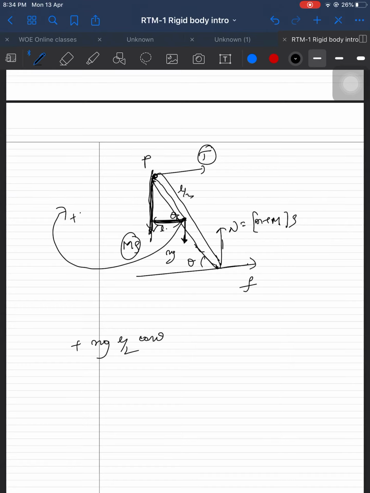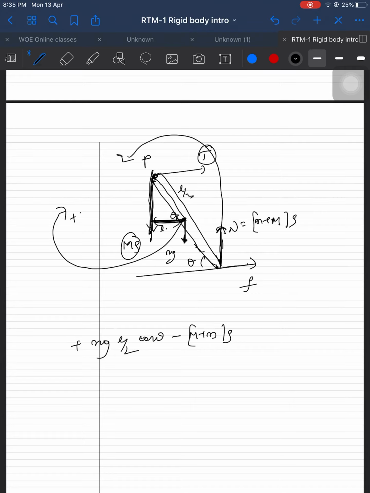And due to normal, in the upward direction, the point P is here. Because of normal, it is in this direction. Is it clockwise or anti-clockwise? Anti-clockwise, so it is minus N, where N is equal to capital M plus small m into g.